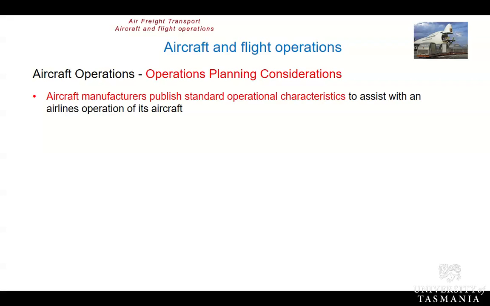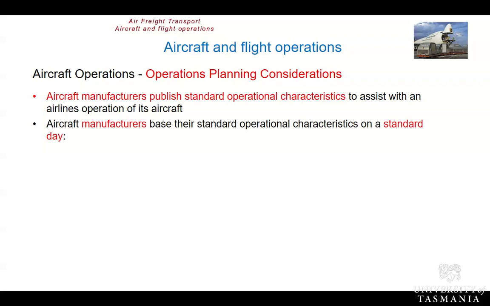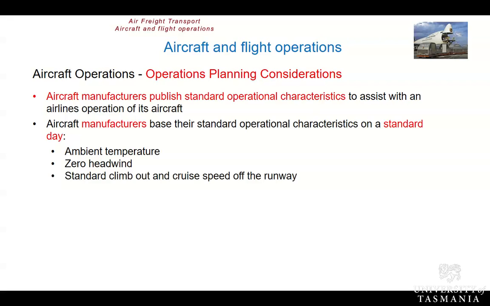Typically, those standard operation characteristics are based around a standard day. A standard day might look something like an agreed ambient temperature, zero headwind, standard climb out and cruise speed, runway, and also typical regulatory requirements. So that's your starting point for every aircraft that's on the tarmac ready to go.